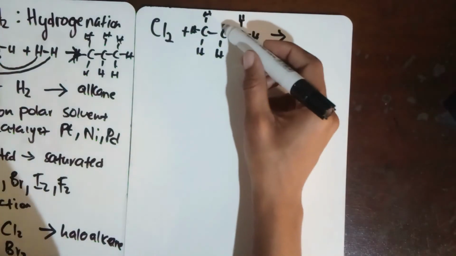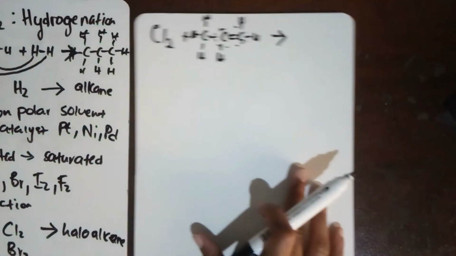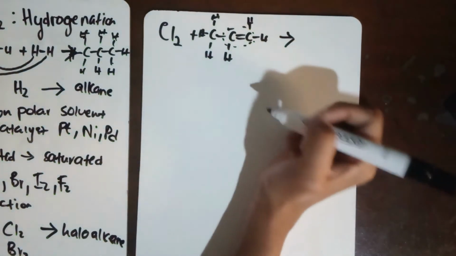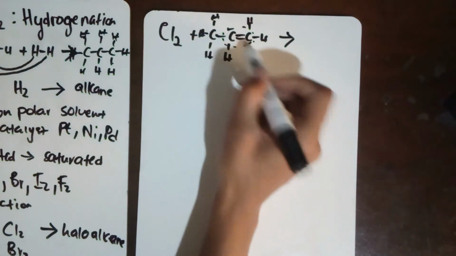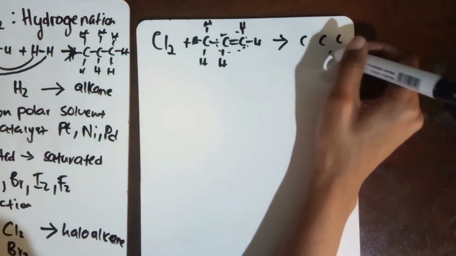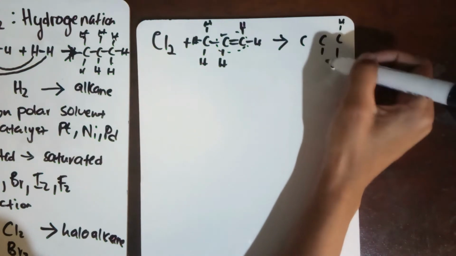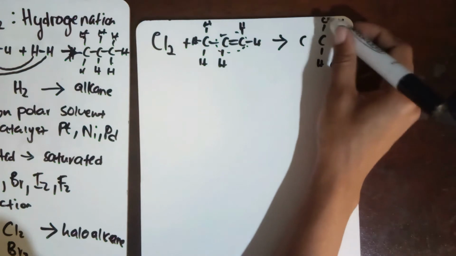What would happen is, the double bond will break, and then with this Cl2, one chlorine will go here and the other chlorine will go there. So at the end you will be left with something like this, where you have your chlorine there, and then you have your H maybe, and then you have your chlorine.